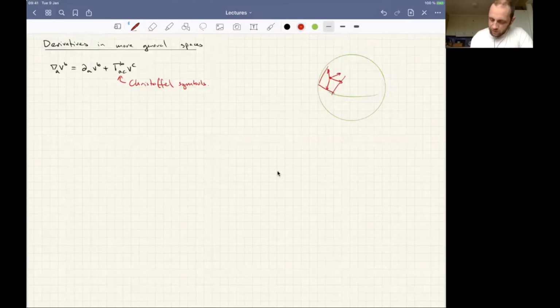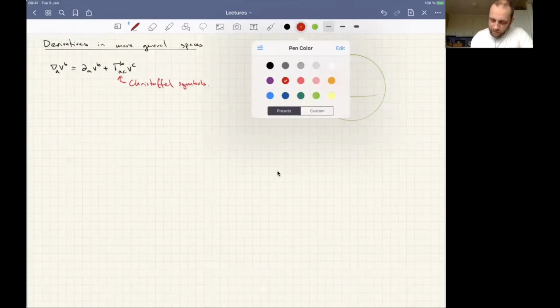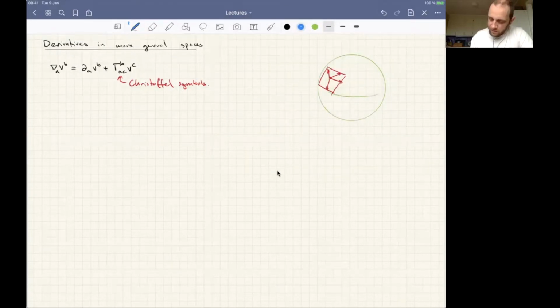So this tangent plane might look something like this. Now, this is not necessarily the same as the tangent space over here. So a priori, these tangent spaces are completely different spaces, and we can't really compare vectors at one point to vectors at the other point.